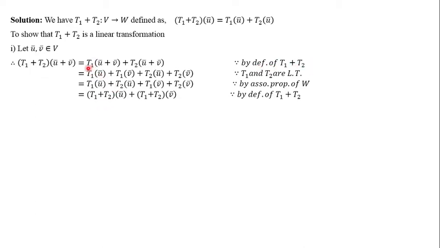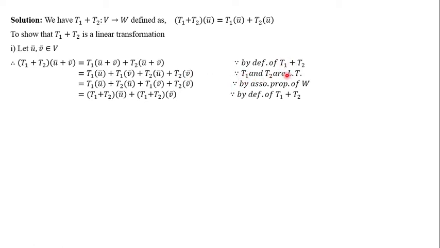Now T1 is a linear transformation, so it preserves the addition, and therefore T1 operating on U bar plus V bar is the same as T1 operating on U bar plus T1 operating on V bar. Similarly, T2 operating on U bar plus V bar is T2 operating on U bar plus T2 operating on V bar.